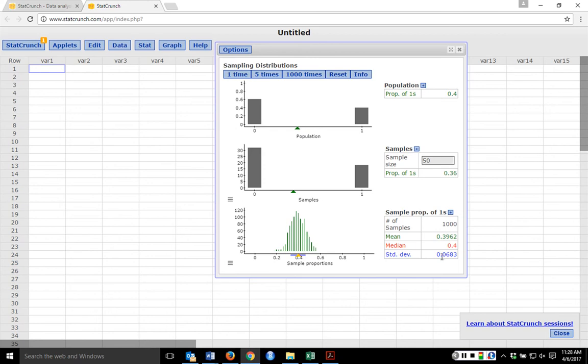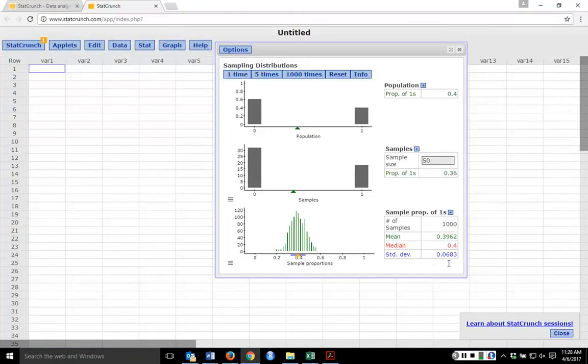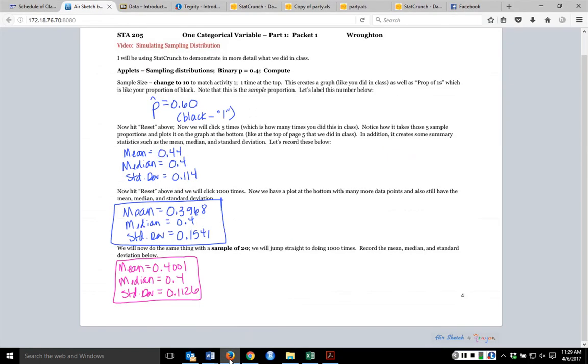What's that showing up for us? It's in that standard deviation. So I look at how these numbers compare to what we had before. Notice the mean and medians are about the same. So the standard deviation went from 15% to 11% to now about 7%. So the standard deviation did get smaller, but the mean and median did not really change.